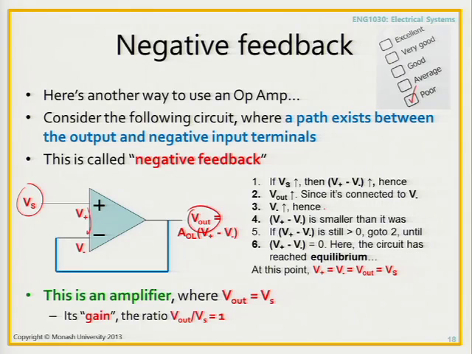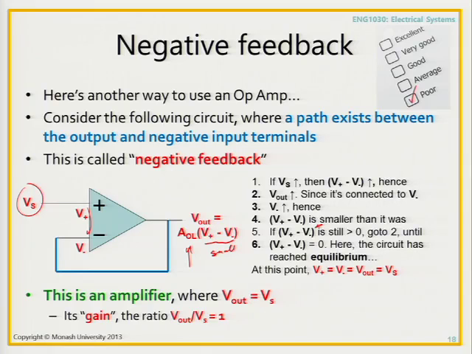I'm saying that the difference is really, really small. So V plus minus V minus is really, really small. And when it's multiplied by that AOL, remember V out is equal to AOL times this difference, well, this difference isn't exactly zero. It's really small. And when they multiply together, the whole op amp sets up these two voltages so that they're essentially the same, but not exactly the same.